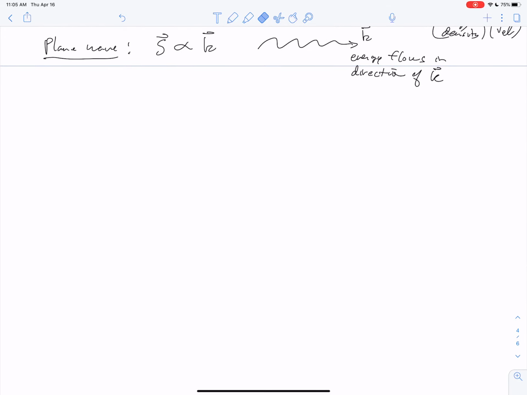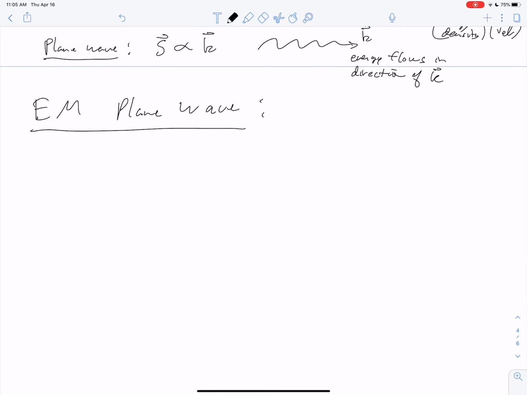Okay, so now we're ready to write down the actual electromagnetic plane wave. We really understand it now, and this is what it looks like. So if I have some wave traveling in this direction, I can draw it like this.